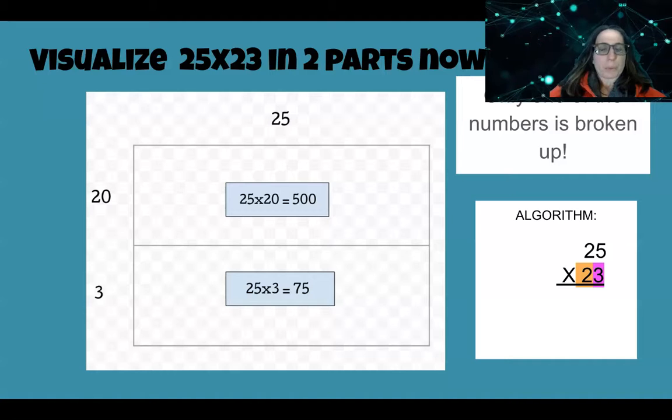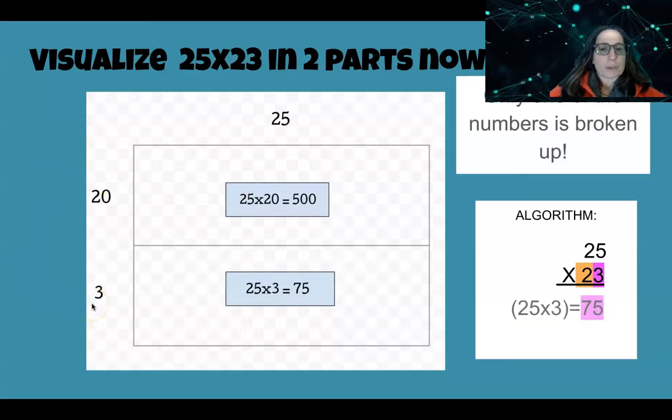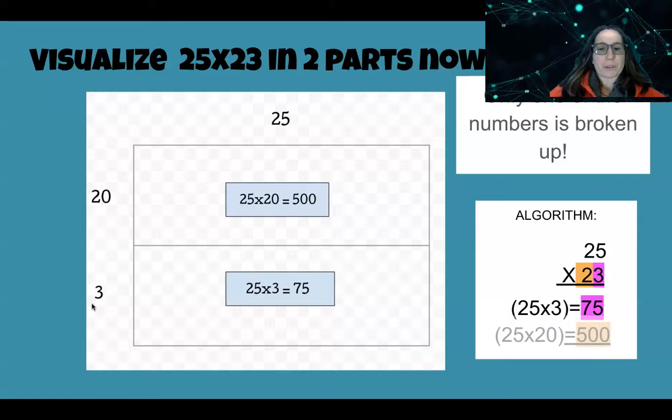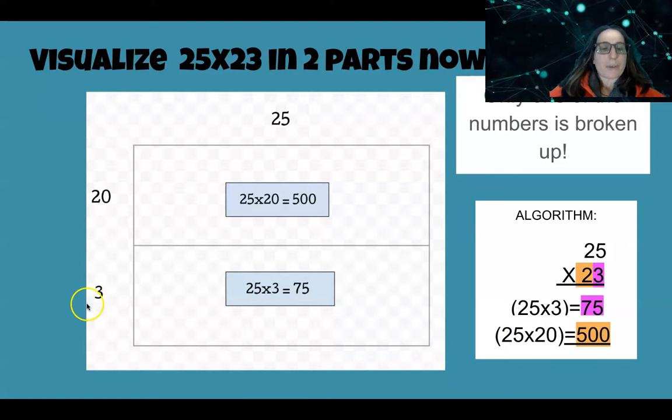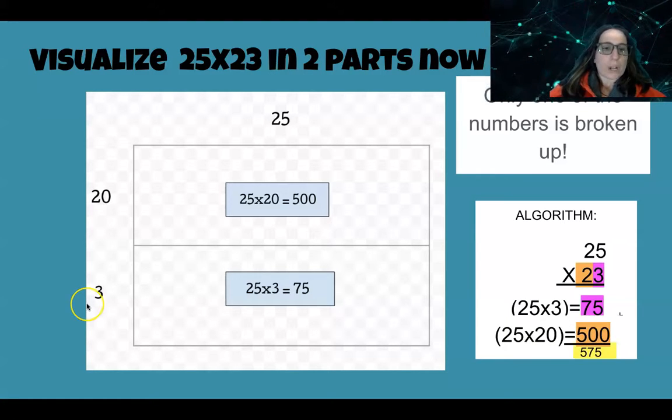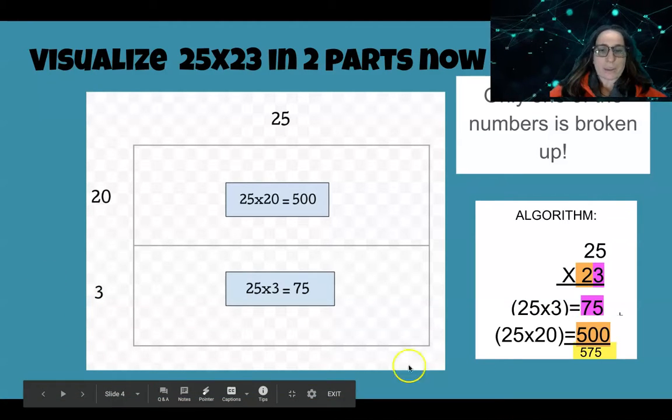So first we want to multiply by the ones, that pink 3. We're going to look at this ones down here. So we know that 25 times 3 is 75. That's our first part of this 2-part area model. And then 25 times 20 to be 500. For a total product of 575, right? We're going to put those 2 parts together, and that's going to equal 575.